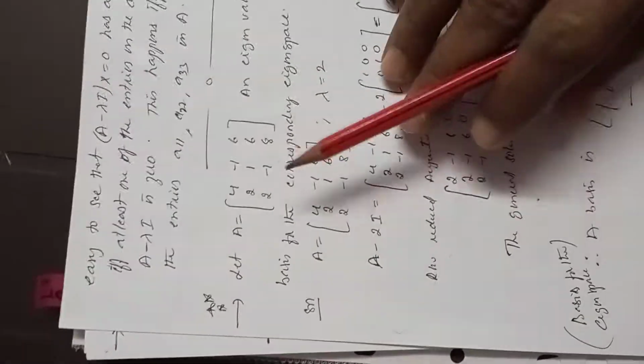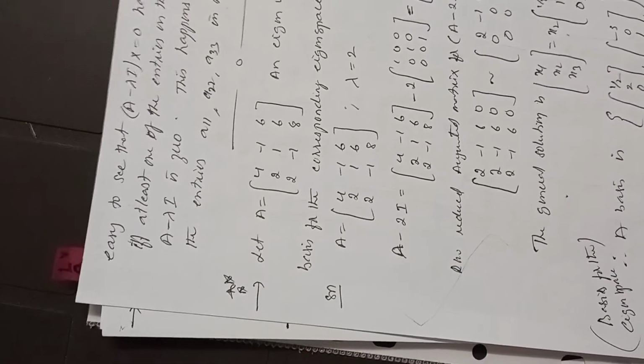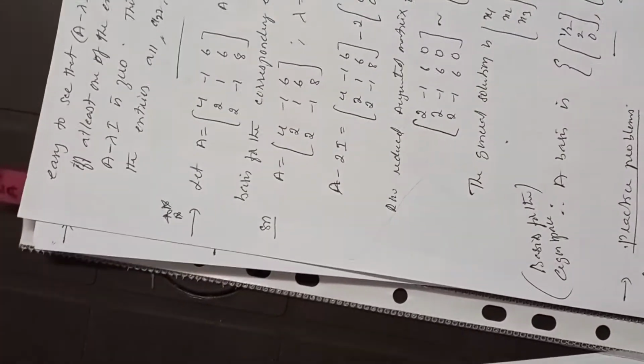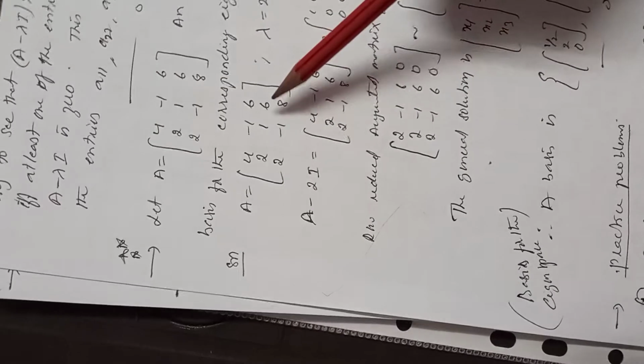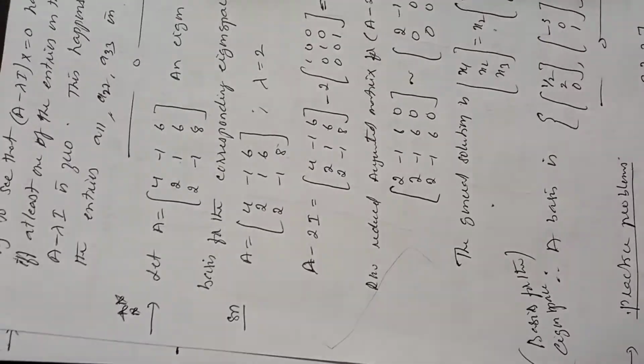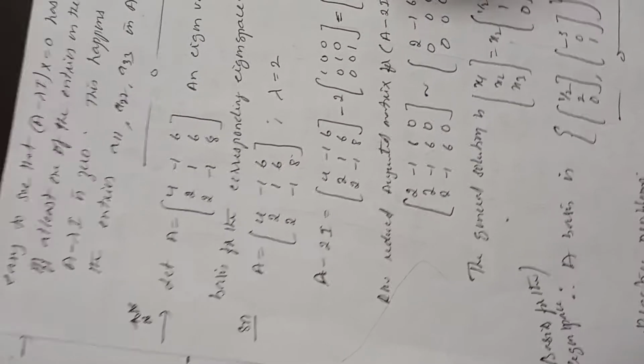Next one. See, let A be a 3 by 3 matrix given to you. Given an eigenvalue of A, find a basis for the corresponding eigenspace. A 3 by 3 matrix is given, and lambda equal to 2 is the eigenvalue. What is an eigenvalue?